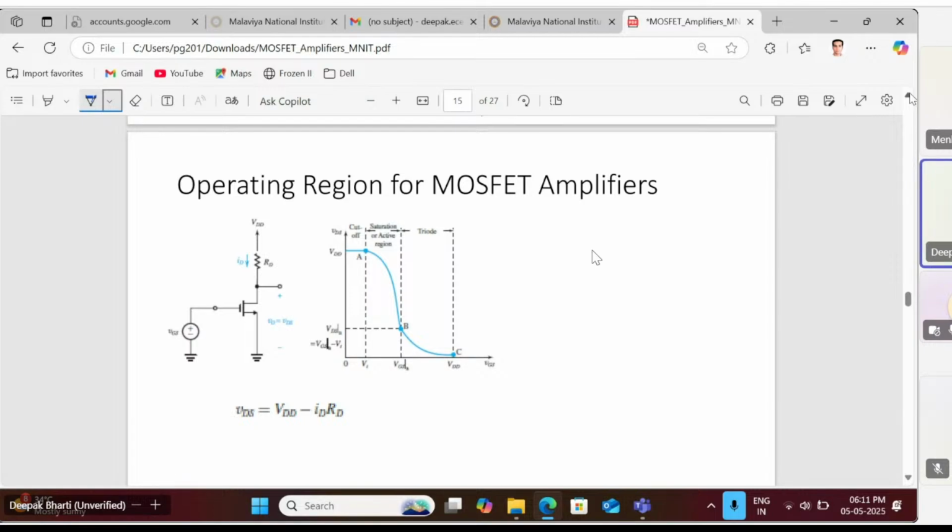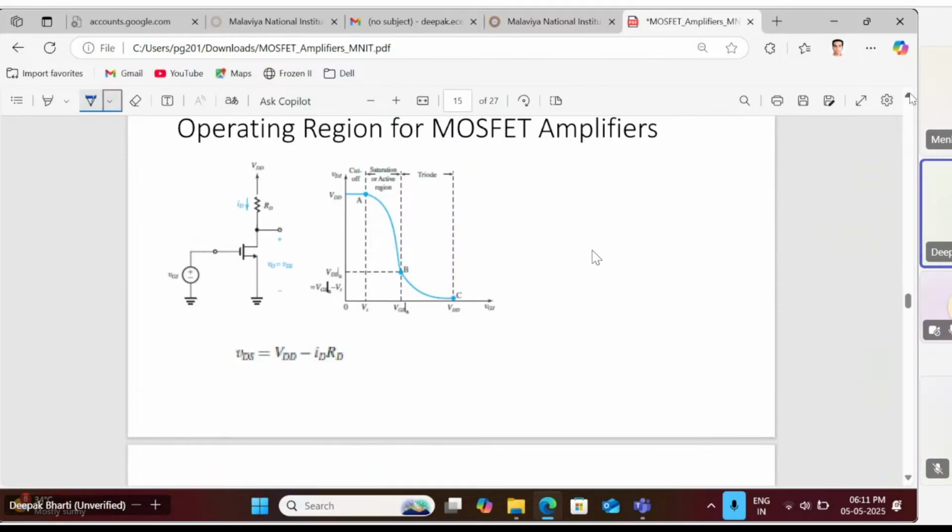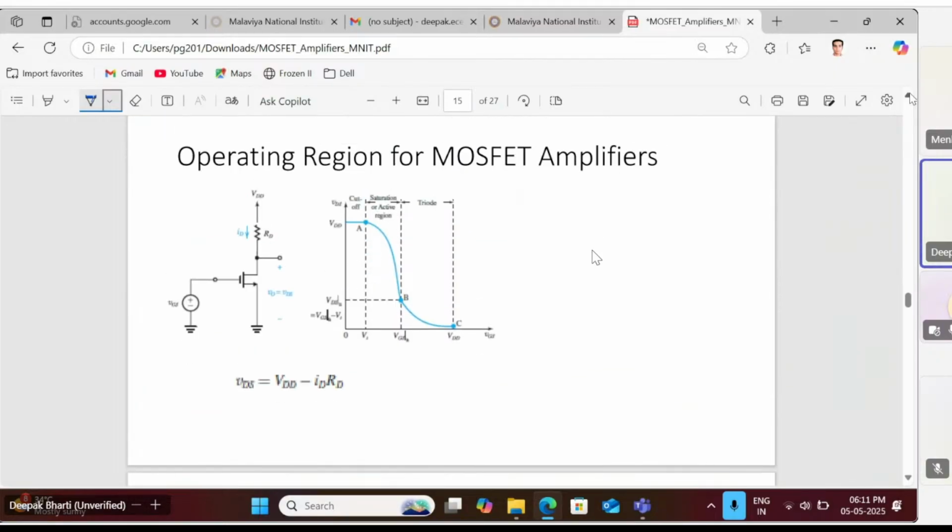And we have seen that the biasing varies for several reasons. The first one being that since the current equations are different in the enhancement and the depletion MOSFETs, the biasing varies accordingly. Now we will discuss which region of operation should be selected for the MOSFET amplifiers.